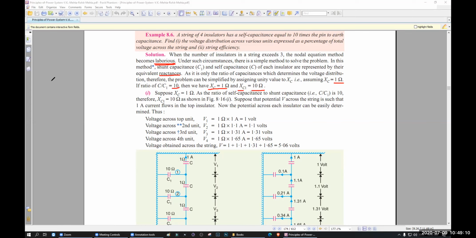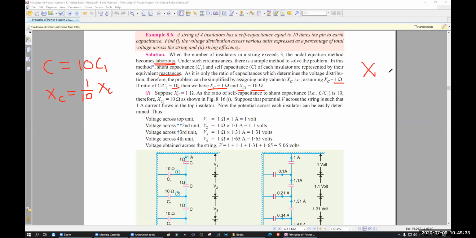So we have XC is equal to 1 ohm, C by C1 is equal to 10. Let me see this one. Your C is equal to 10 times the C1, right? That means, what about 1 over XC? So what is your XC? XC will be opposite, 1 over 10 of XC1. Why?